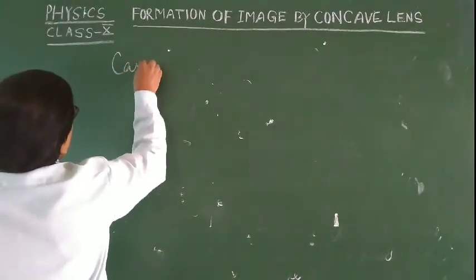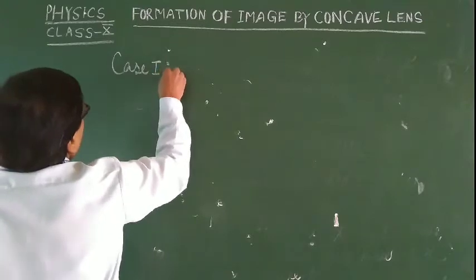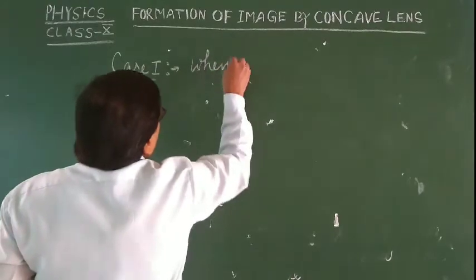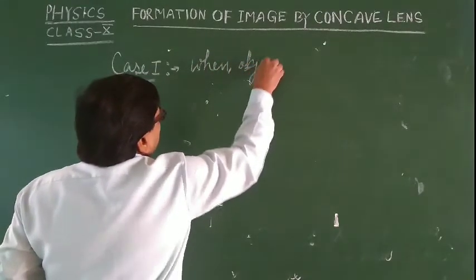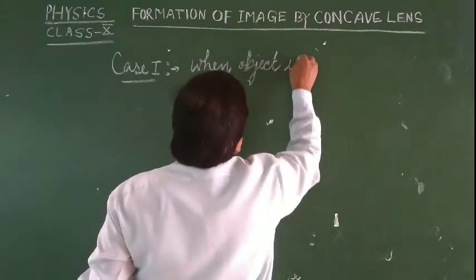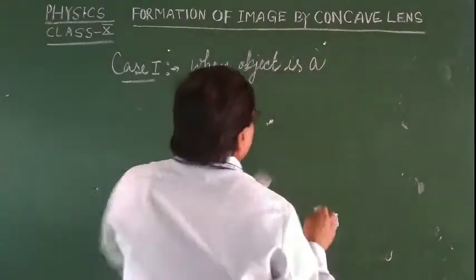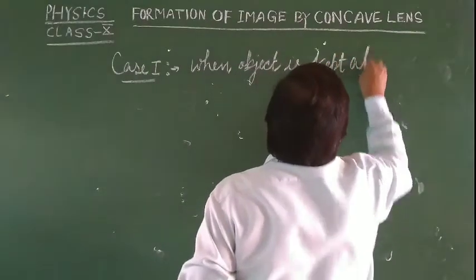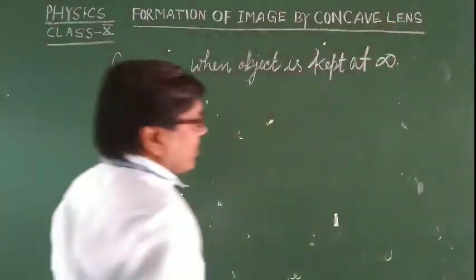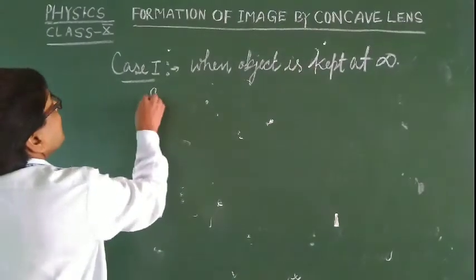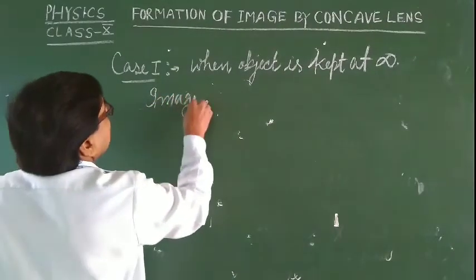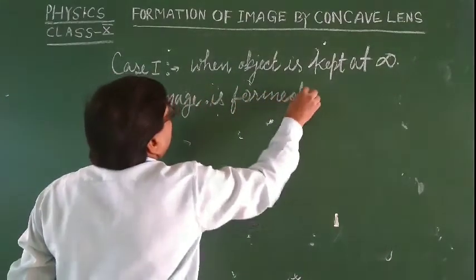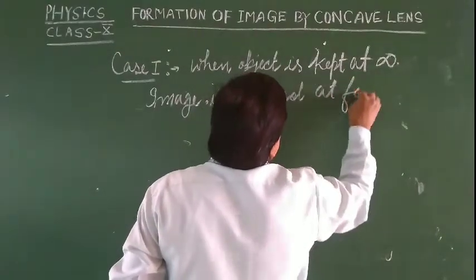Case 1, when the object is kept at infinity of the lens, then the image is formed at focus.